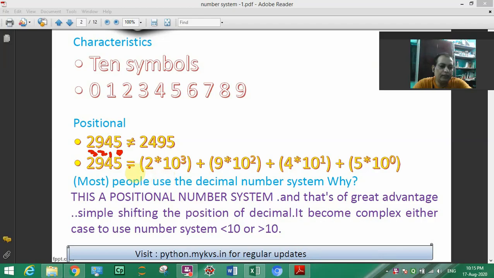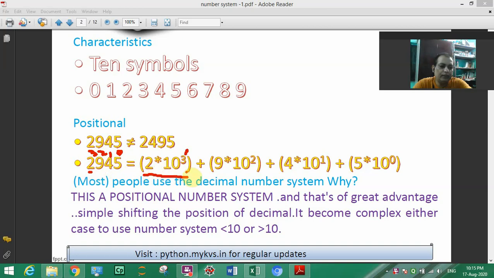Here you can see the first digit 2 is being multiplied by 10 to the power 3. 3 is the index of this 2. Above 2 I have written 3.